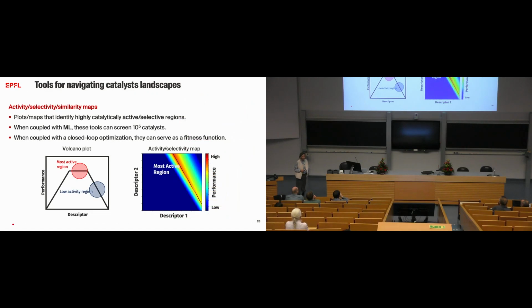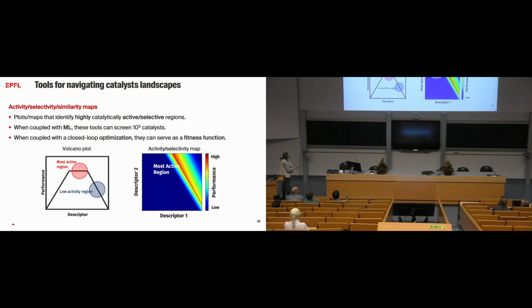So it's quite convenient, because if you identify a descriptor that can basically connect to the catalytic cycle that you are interested in, you can then use an ML model to predict this descriptor very quickly.